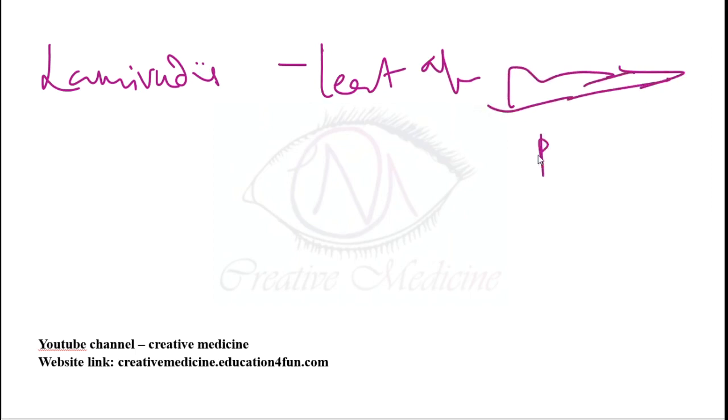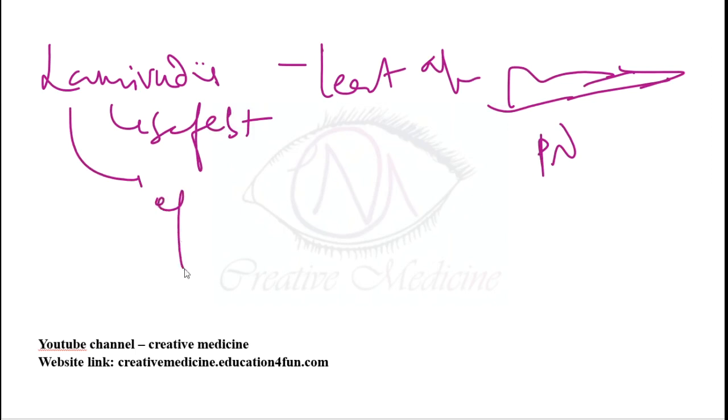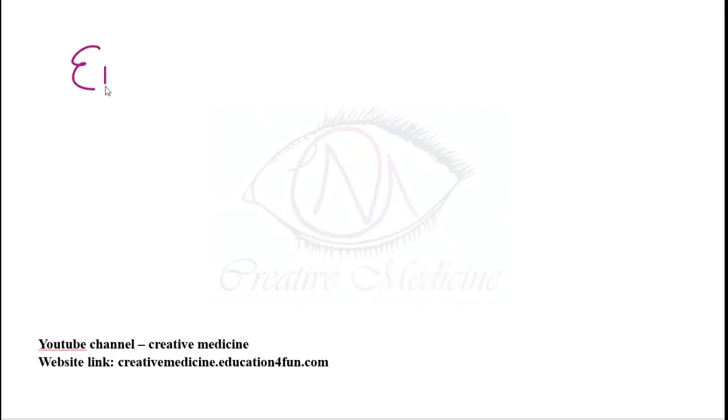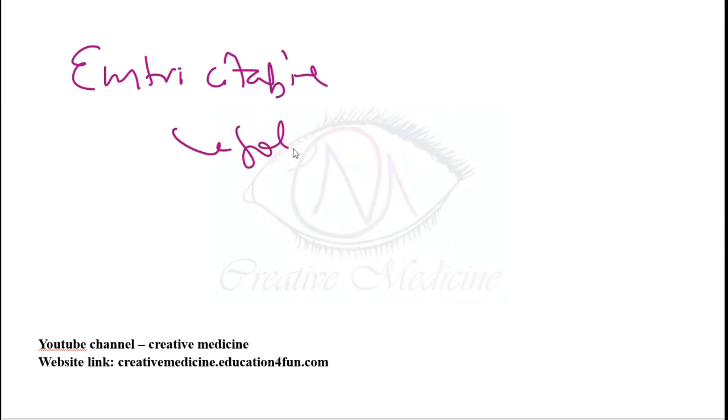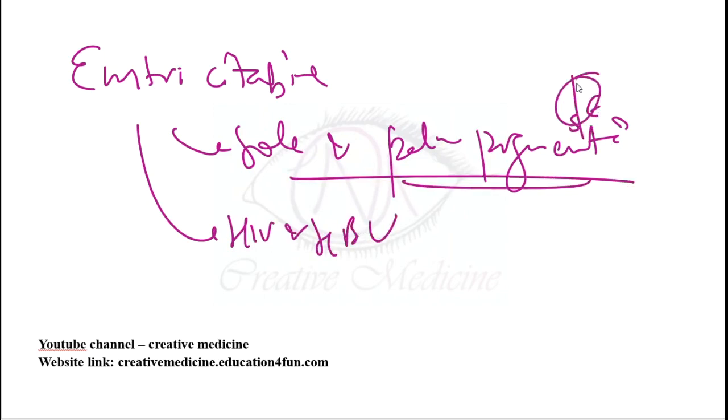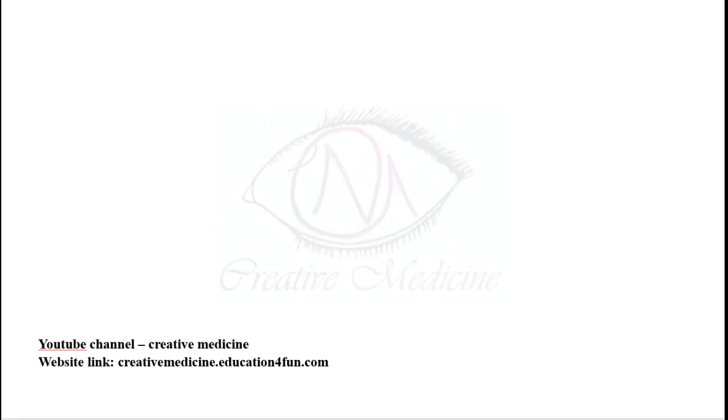It is the safest nucleoside reverse transcriptase inhibitor, and it can also be used against hepatitis B. Then we have emtricitabine, which causes sole and palm pigmentation as a side effect, and is used in HIV and HBV.